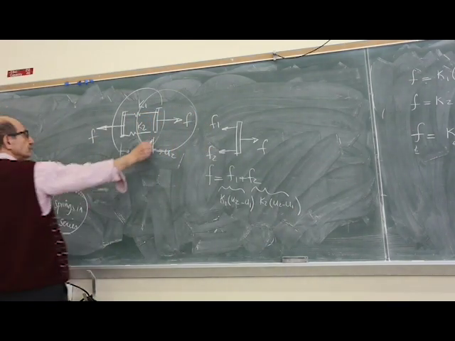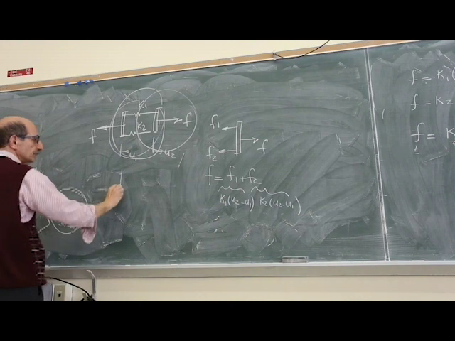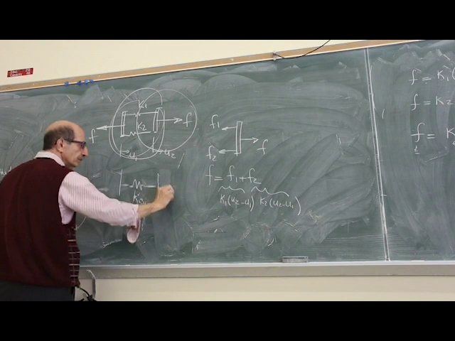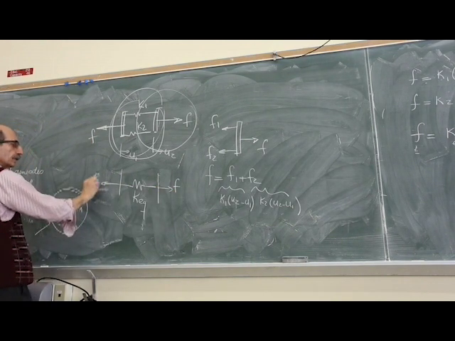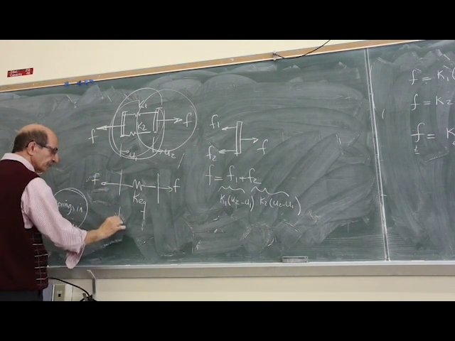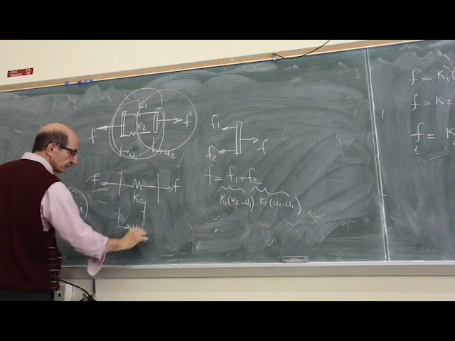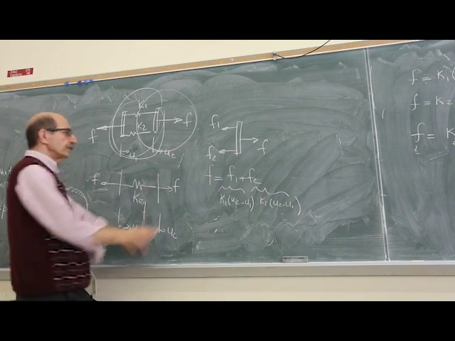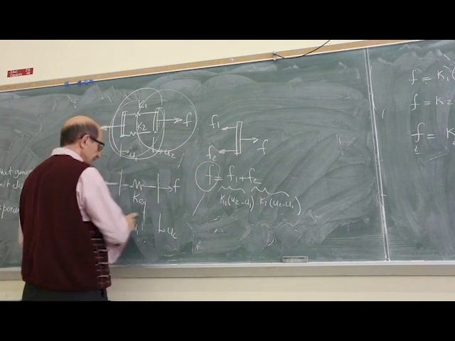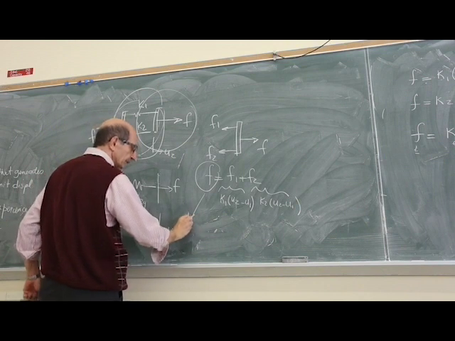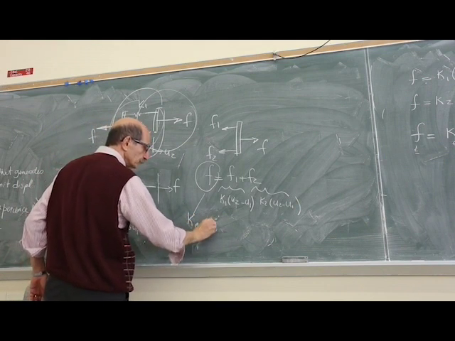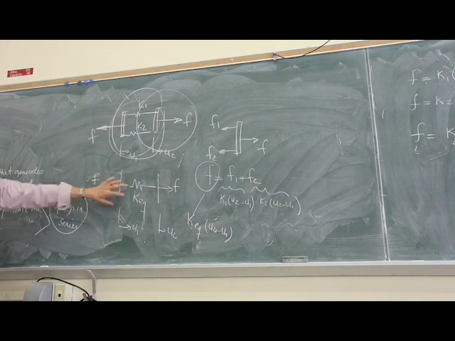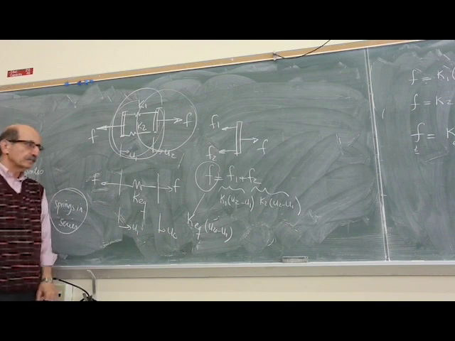So if you want to replace both of these, again, with a single equivalent spring, that spring would be subject to the same deformation. So that spring would be K equivalent times U2 minus U1. The force of that spring would be its equivalent stiffness times the same displacement.